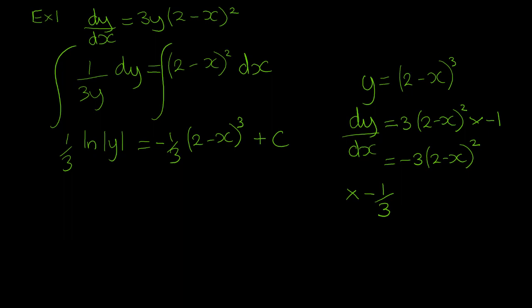I'm going to get rid of the 3 element because it's on both sides, and I know I'm not really dividing the c by 3, but we don't really know what c is anyway, so it doesn't matter. So it's ln of mod y equals minus 2 minus x cubed plus c, and that I would suggest is the nicest way to present that, so I'm going to leave that as it is.